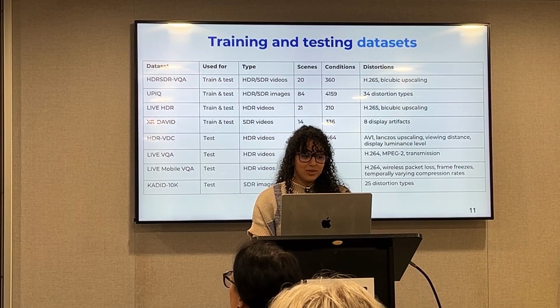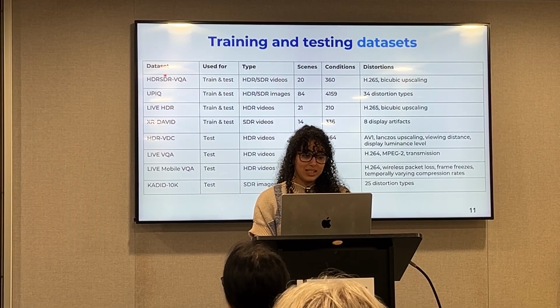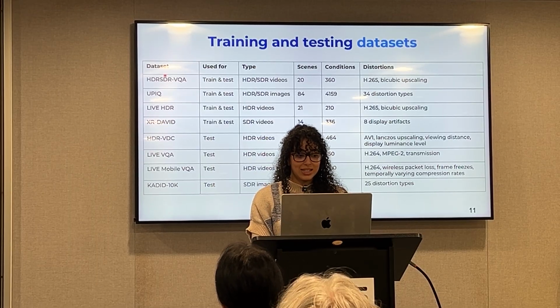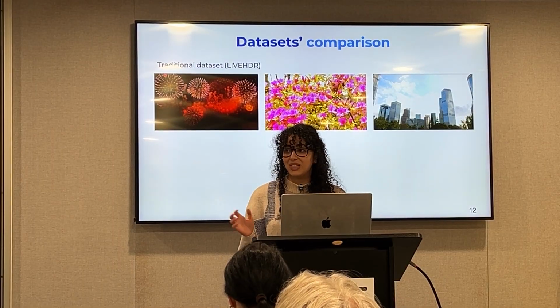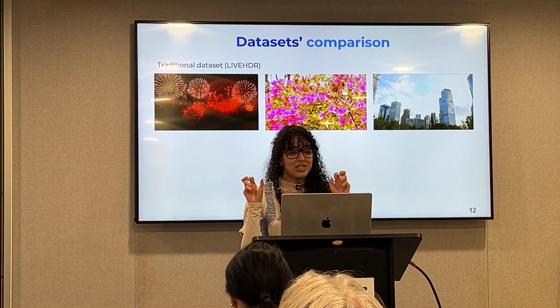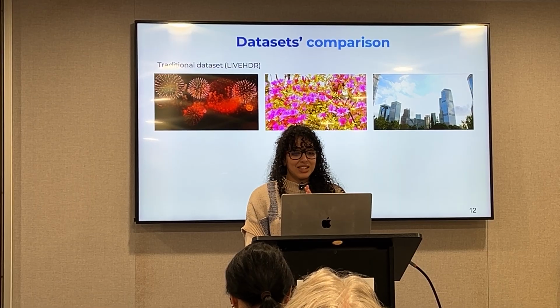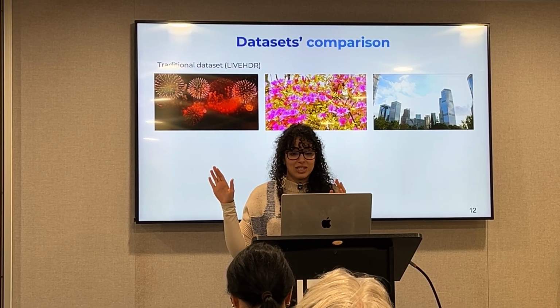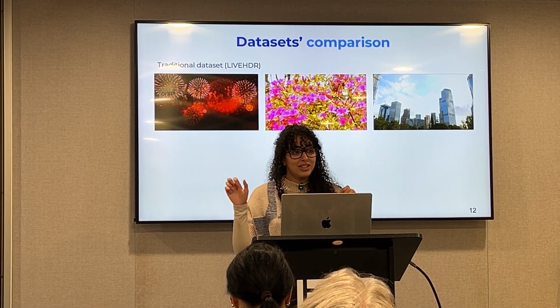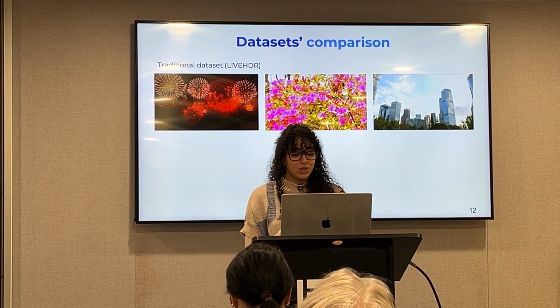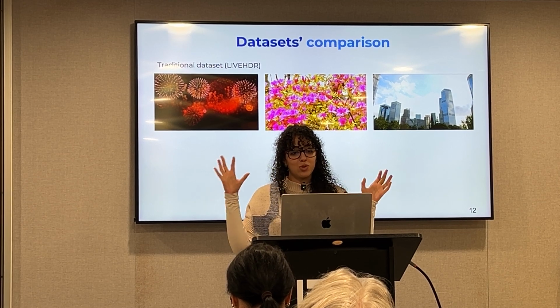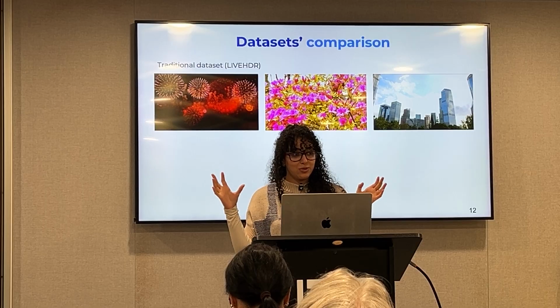For example, the reason we chose this data for the training is that UPIQ, Lab HDR, XR-David, which ColorVideoVDP is actually trained on, are more typical kinds of datasets in which all regions matter in the frame. Usually when you're watching them, you're focusing on mostly all parts of the image or your frame.